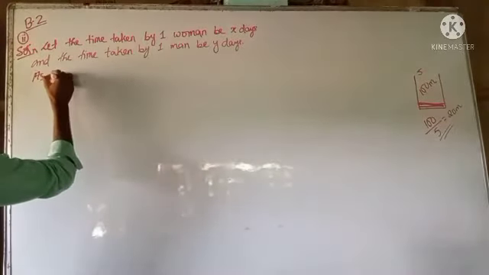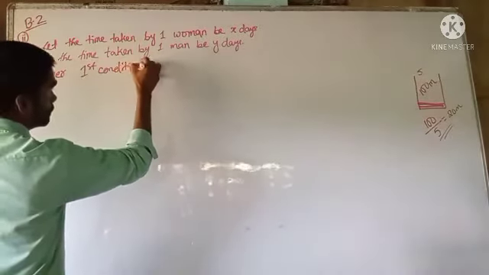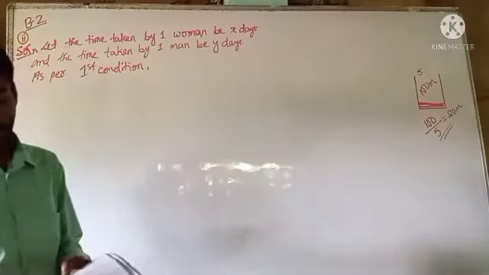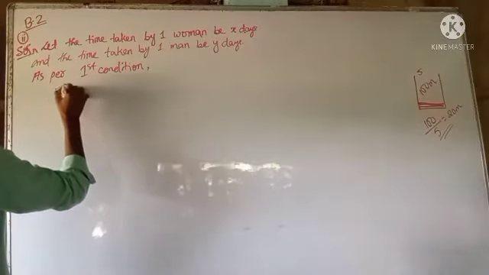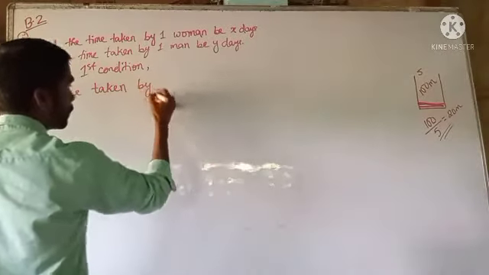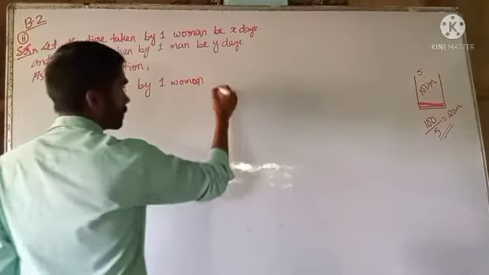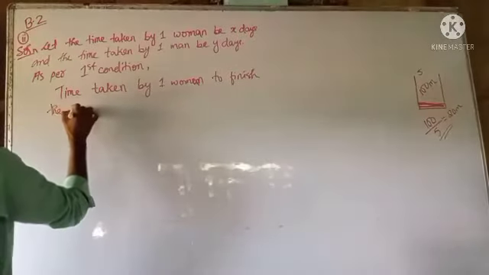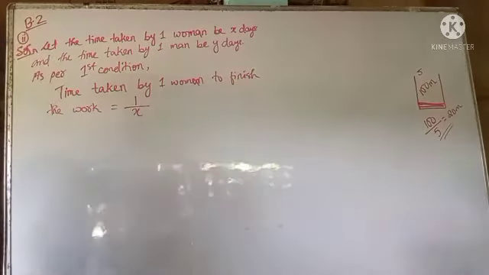So as per the first condition, 2 women and 5 men can together finish an embroidery work in 4 days. So it is said about 4 days. So the time taken by one woman to finish the work is equal to 1 by one woman.